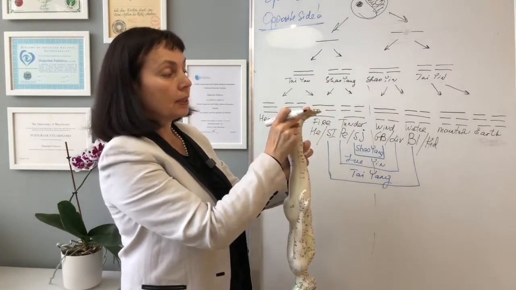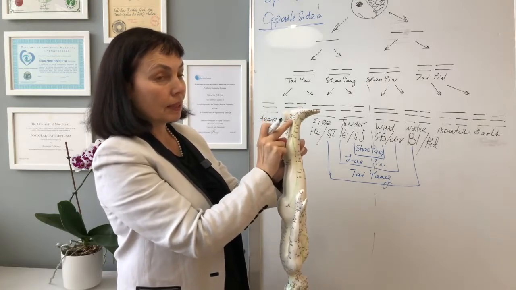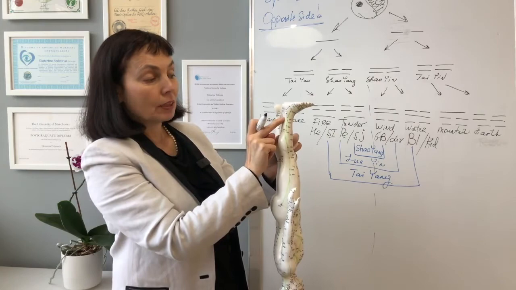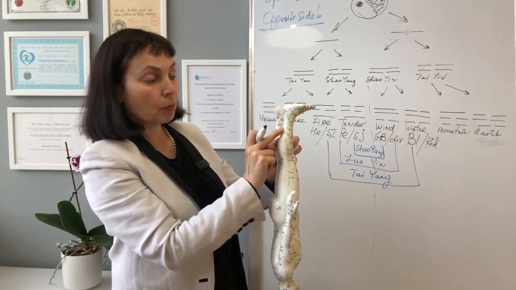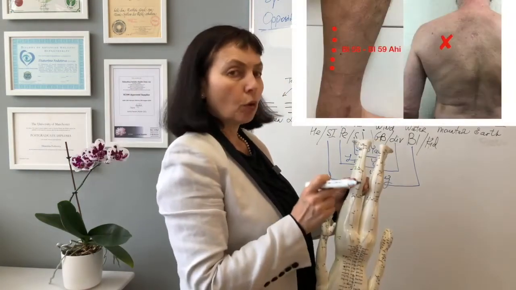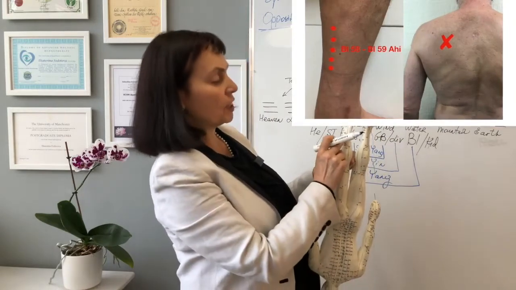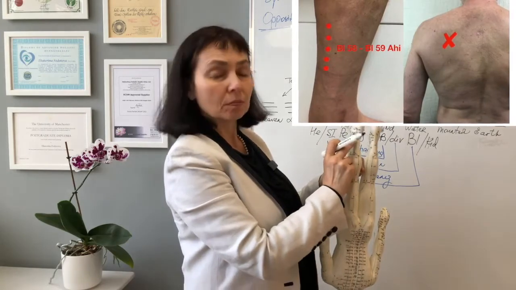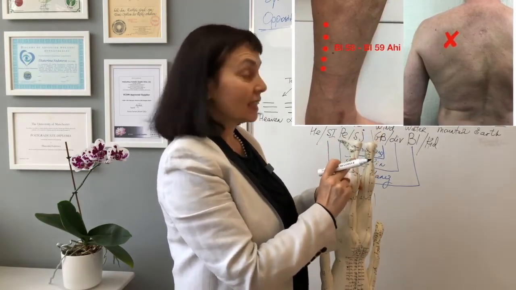Look, this is the head, this is the neck, this is the shoulder, and this is the scapula. So points below bladder 59 to 58 will represent the scapula.